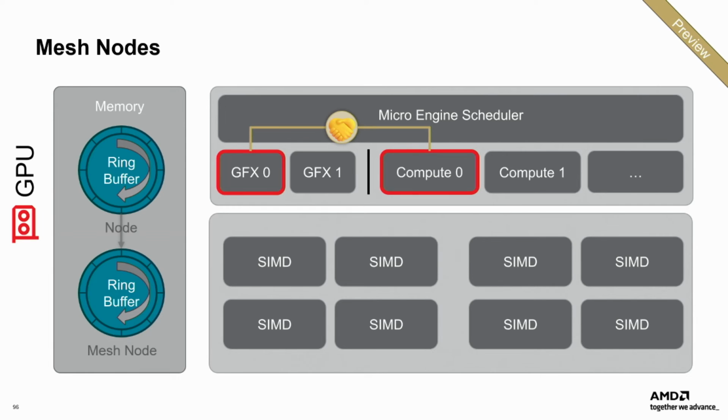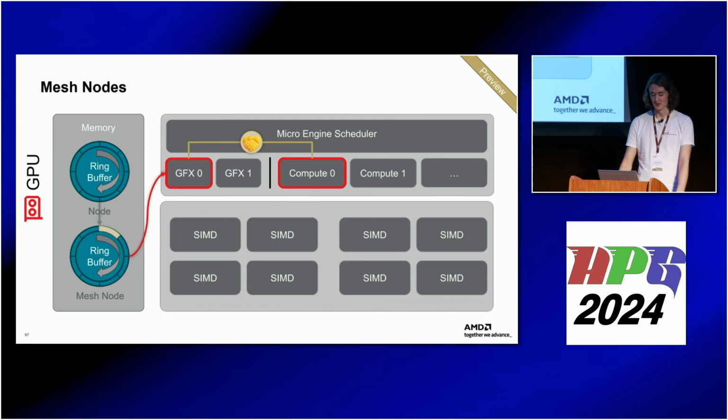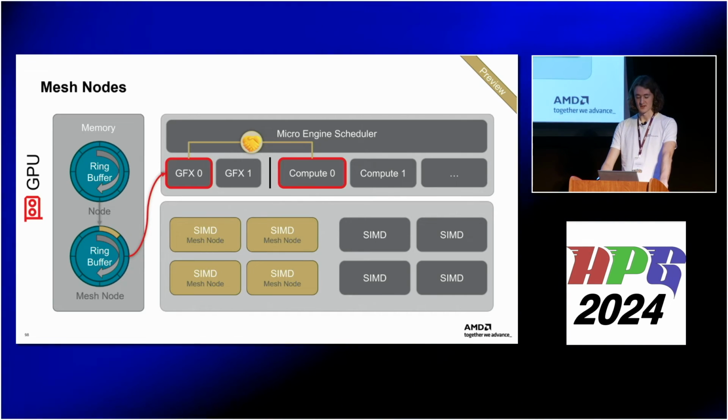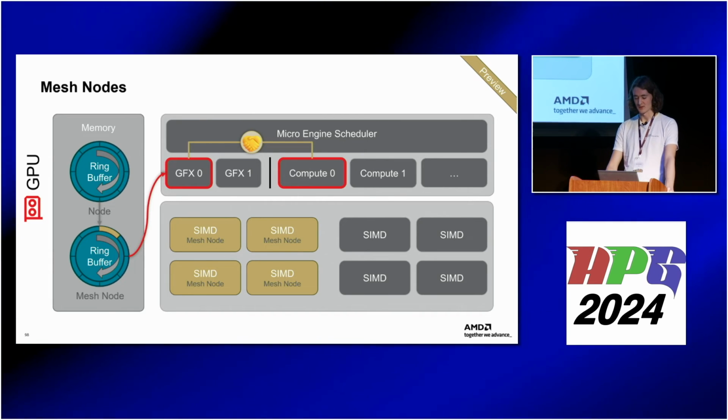And they can split the work between them, where the compute queue still checks all the compute nodes and launches them, and the graphics queue only checks for the mesh nodes. So we can have mesh node records going into the graphics queue, and have mesh shaders launched on the GPU. So this completes draw calls directly from the GPU.